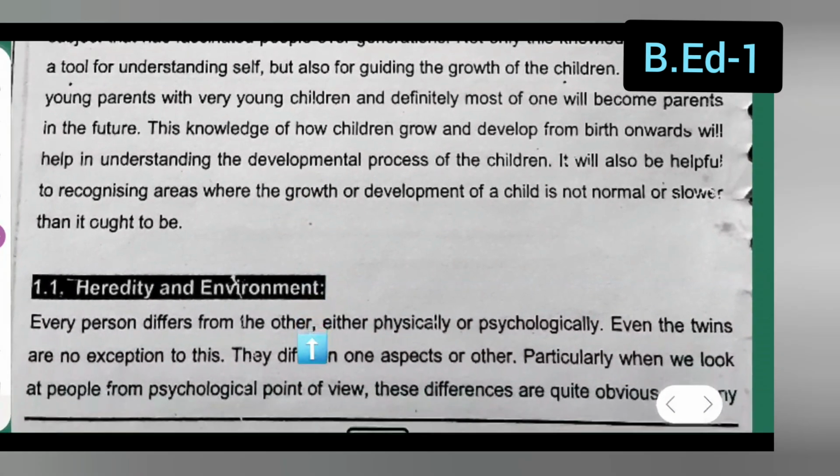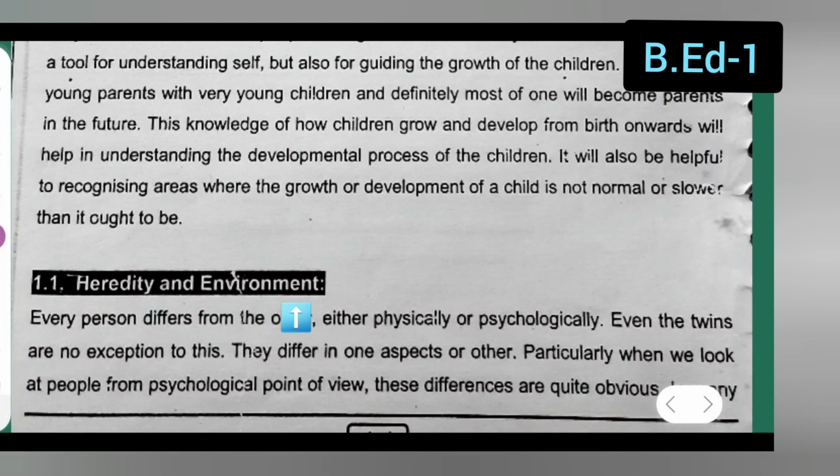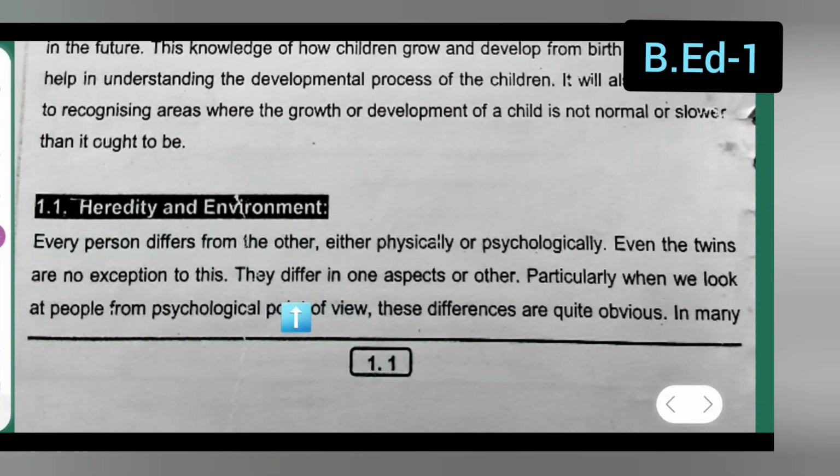Next, moving towards the heredity and environment part. Every person differs from the other, either physically or psychologically. Even the twins are no exception to this. They differ in one aspect or other. Particularly when we look at people from psychological point of view, these differences are quite obvious.